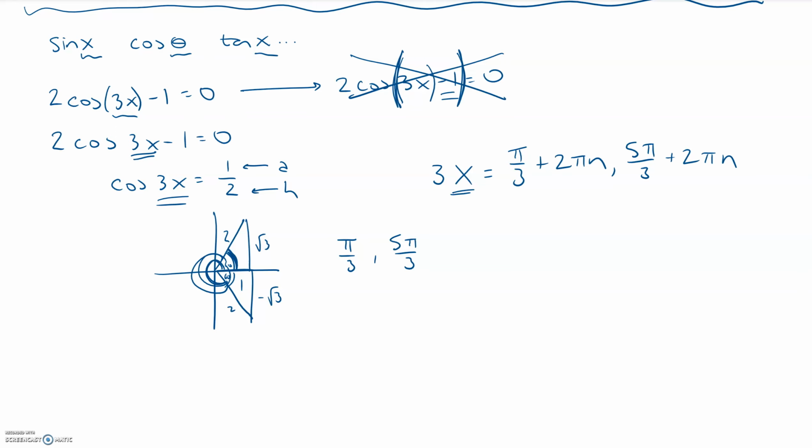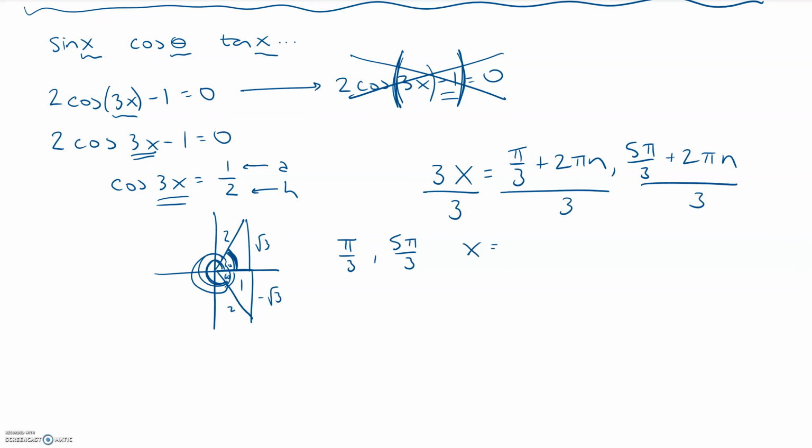So for this type of problem, the problem with the fancy arguments, you solve them all the way just like normal. You add in the plus pi n or the 2 pi n, whatever it's going to be, and it's only at the very end that we're going to deal with whatever's here with the argument. To get rid of that 3, we're going to divide everything on both sides by 3.